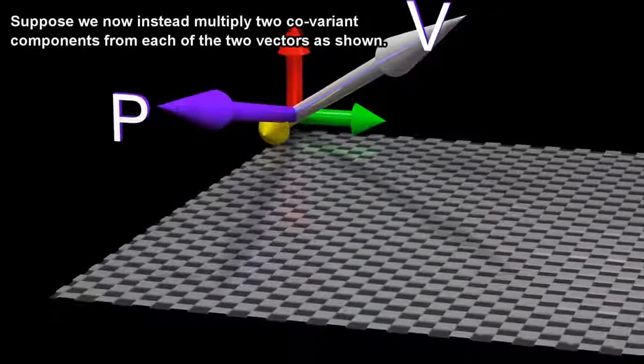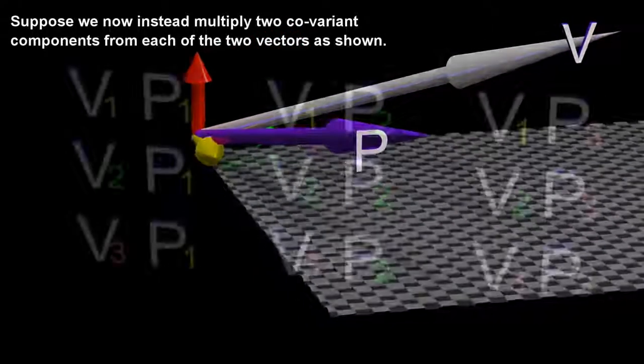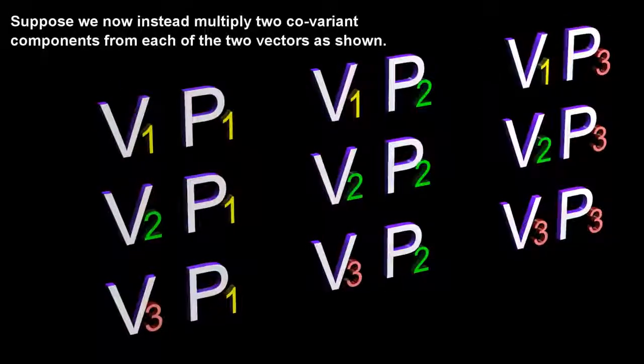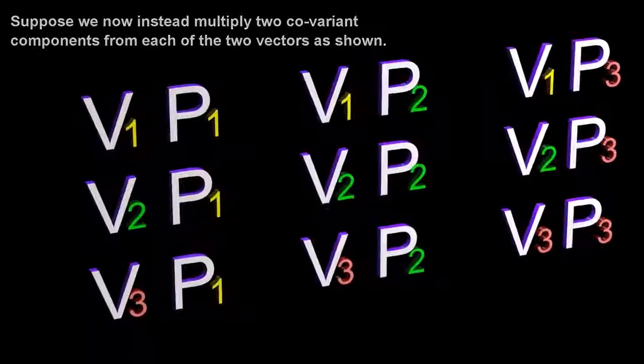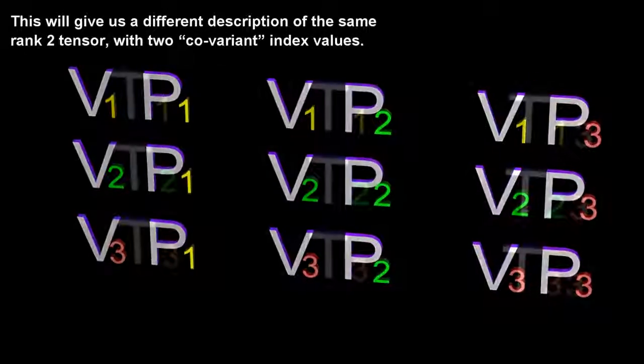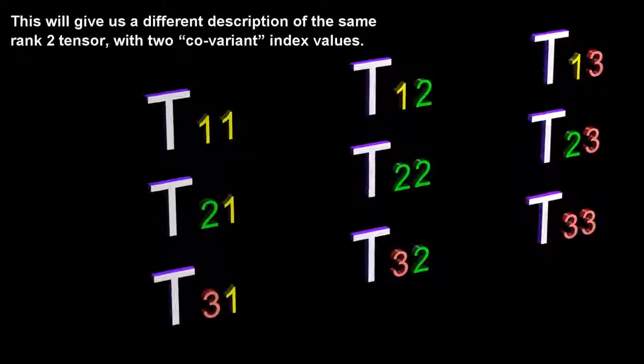Suppose we now instead multiply two covariant components from each of the two vectors as shown. This will give us a different description of the same rank 2 tensor, with two covariant index values.